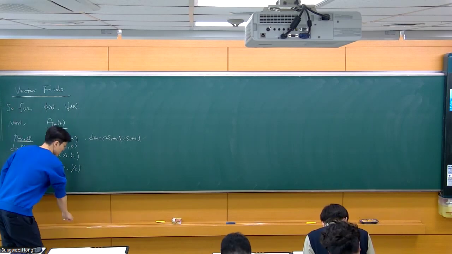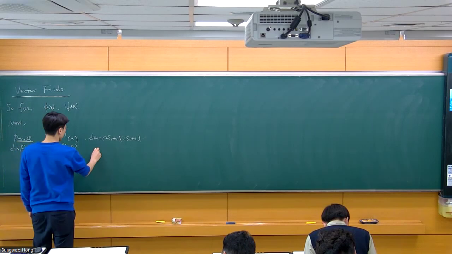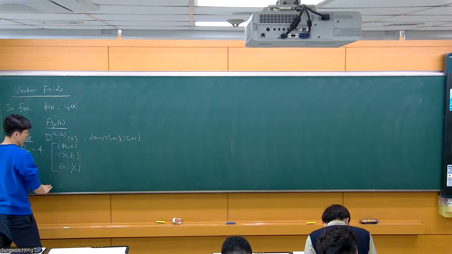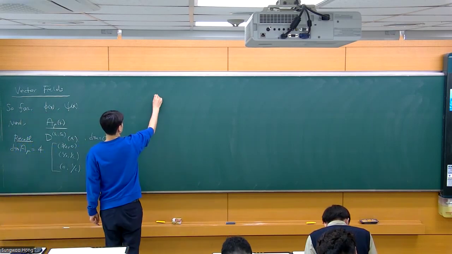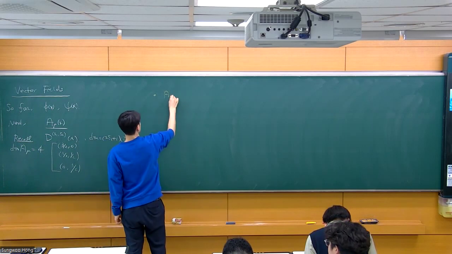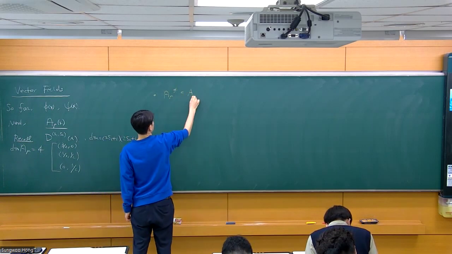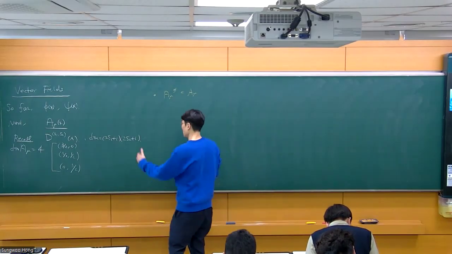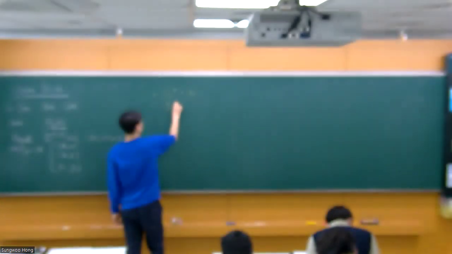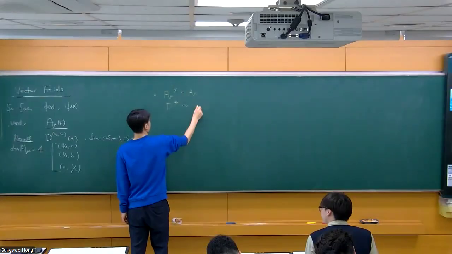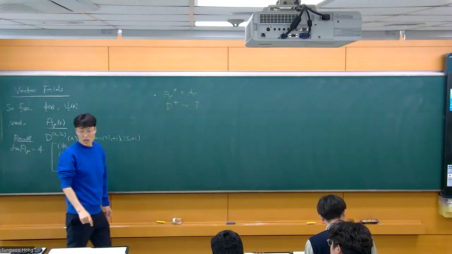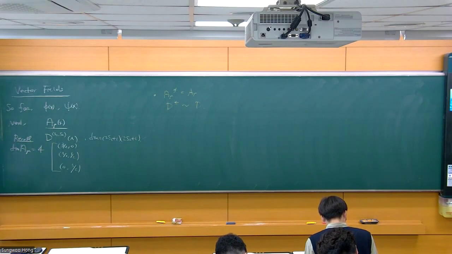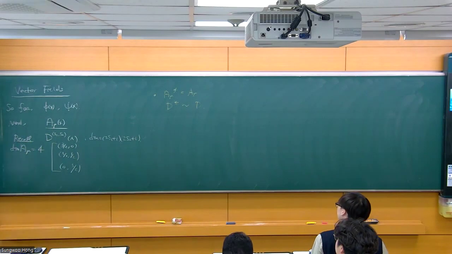Now, then we imposed the reality condition, meaning I want to describe a state which is real under complex conjugation. In terms of representation theory, I want the complex conjugate of the representation to be equivalent to the original representation up to a similarity transformation.